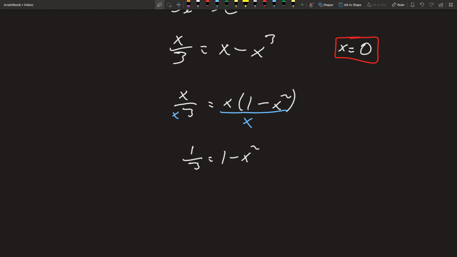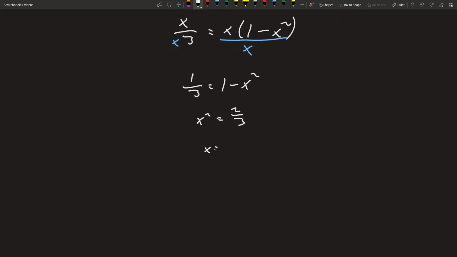Arranging this, we have x squared equal to 2 over 3. That means x is equal to plus or minus radical 2 over 3, which is plus or minus radical 2 over radical 3. Rationalizing, it is plus or minus radical 6 over 3.